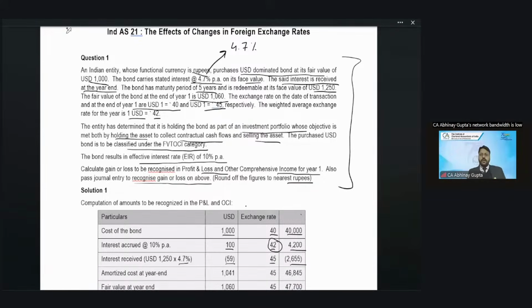Had this line not been mentioned anywhere in the question, then using the rate of 42 would have been appropriate, because we would have assumed that interest was paid monthly and received in 12 installments during the year, and hence the weighted average rate should have been used. But because the question specifies clearly that it is received at the year end only, the year end rate is being used. Clear?